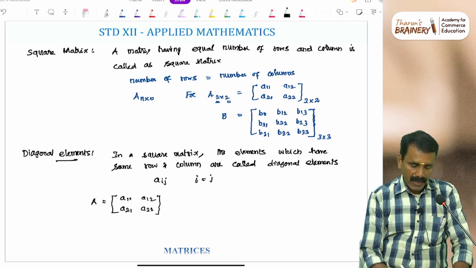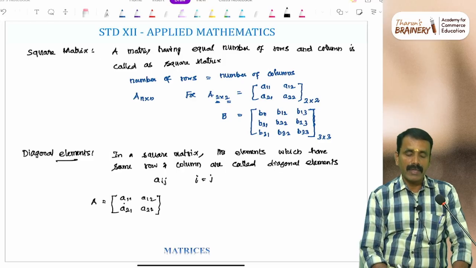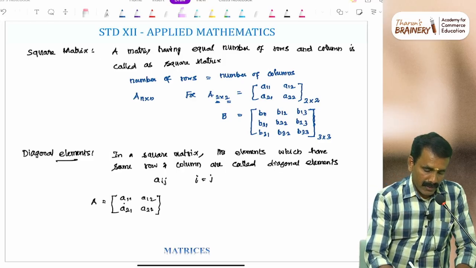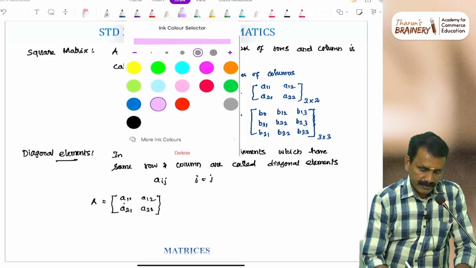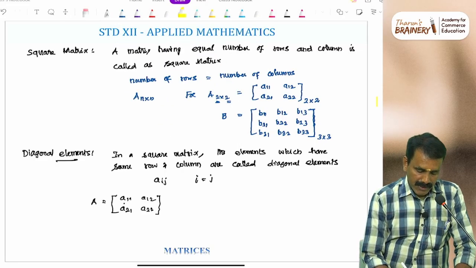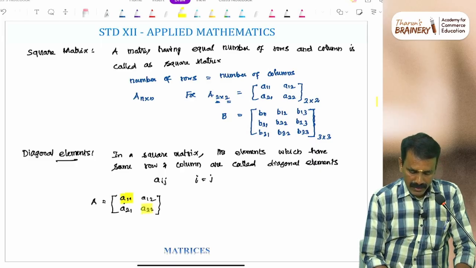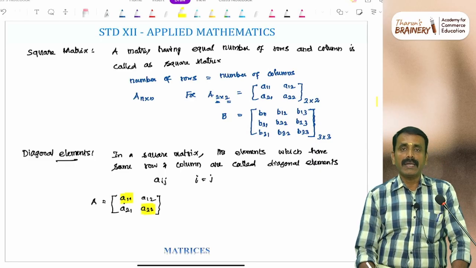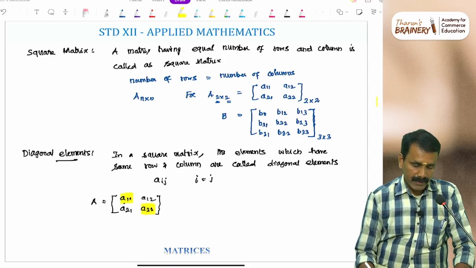Now, which are the diagonal elements? The diagonal elements are the numbers which have the same row number and column number. So, A11 and A22 are called diagonal elements.